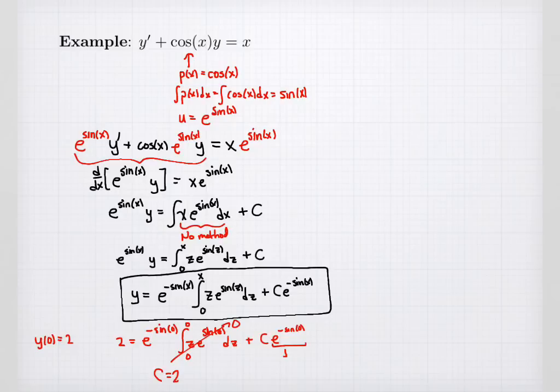And my solution would actually have been e to the negative sine of x, integral 0 to x, z e to the sine of z dz, plus 2 e to the negative sine of x.